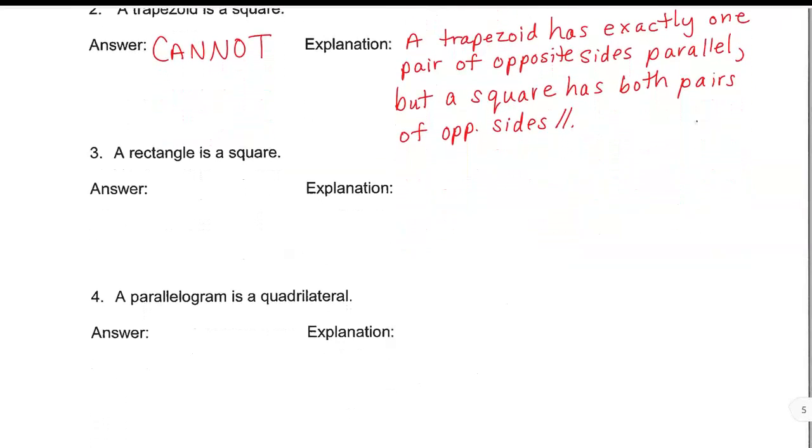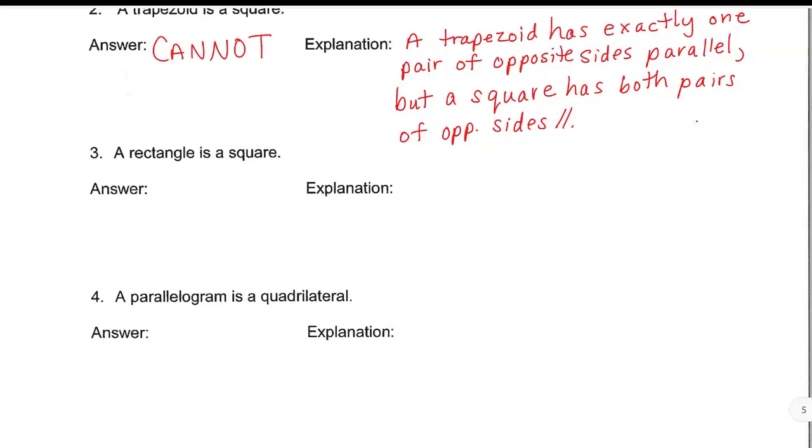Number 3, a rectangle is a square. A rectangle is a square if that rectangle has congruent sides, because a square is both a rectangle and a rhombus. If your rectangle does not have congruent sides, then it would not be a square.